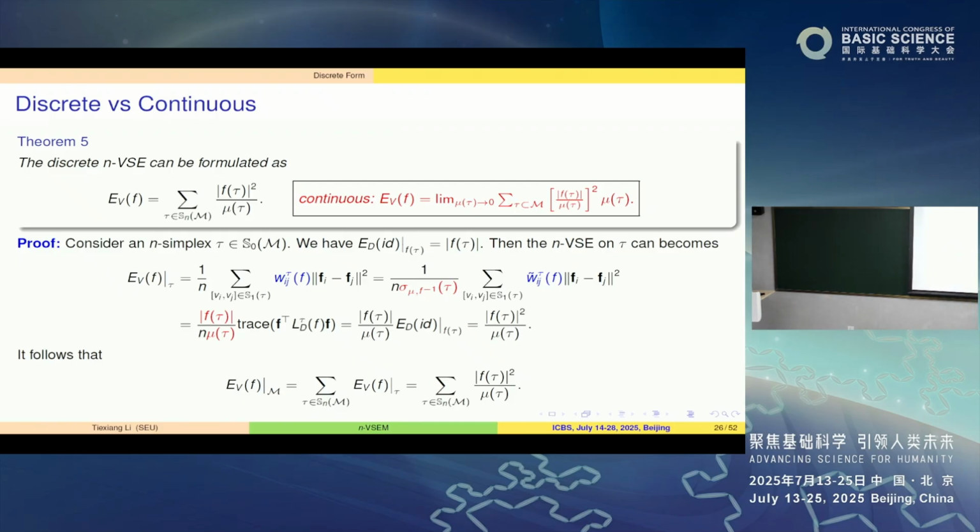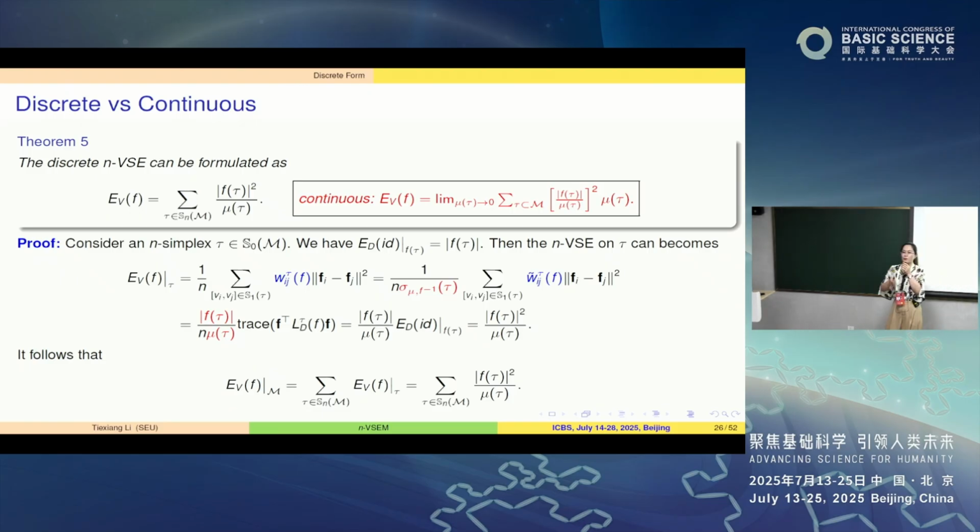So let's recall the continuous version. In the continuous version, the energy is this one. Here tau is a volume element, and we can see the structure energy has a summation. It seems they have a similar form. There is one mu that disappears, so they are similar to each other.